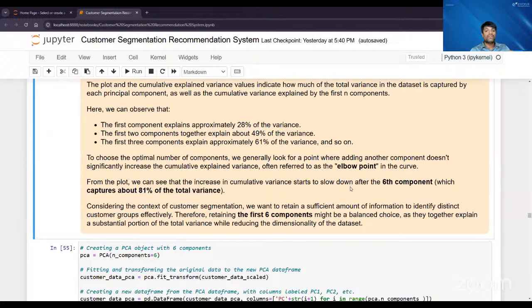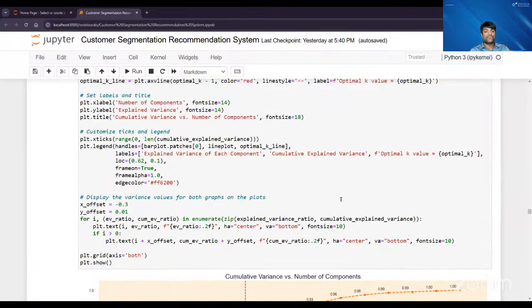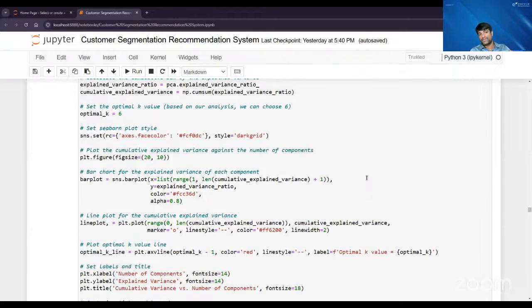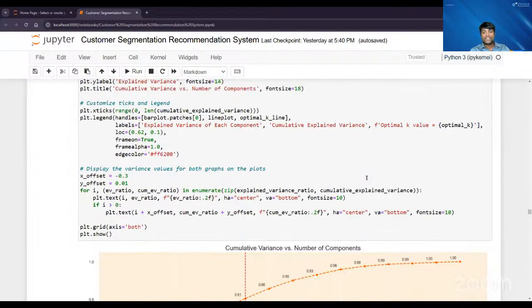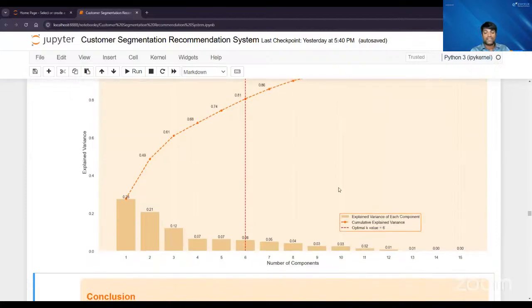So let us try to move forward and understand. What happens if I capture this 81% of the total variance in the data set using the first six components? This particular syntax is very important, because if you use it with a line plot and bar plot to plot the principal component analysis on the graph, it tells you how much percentage is explained by each component.